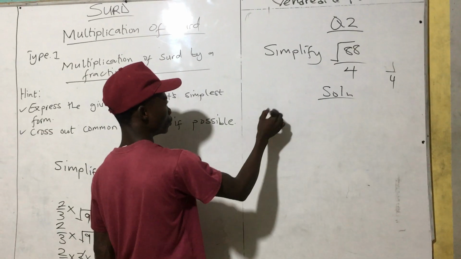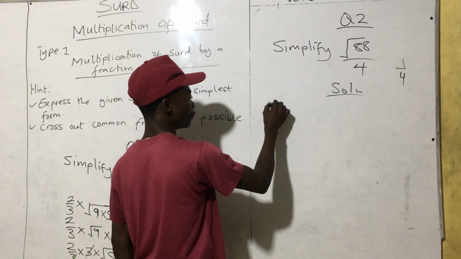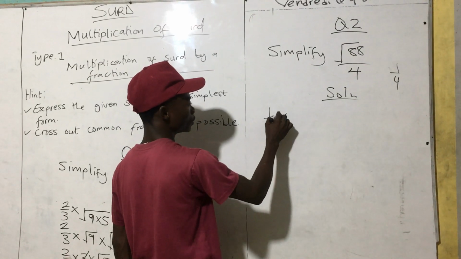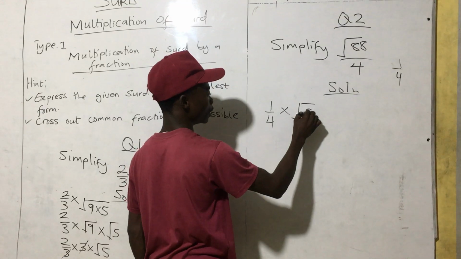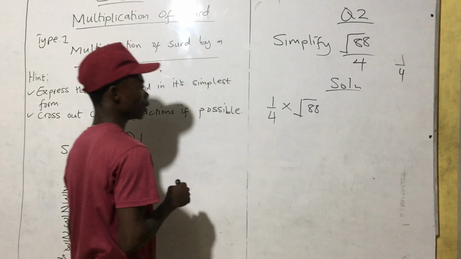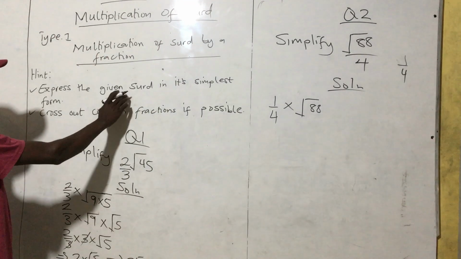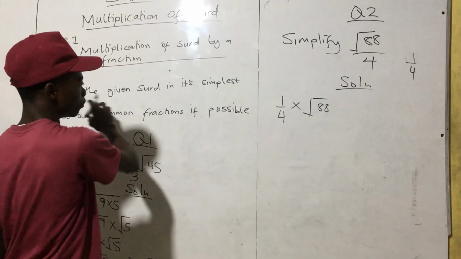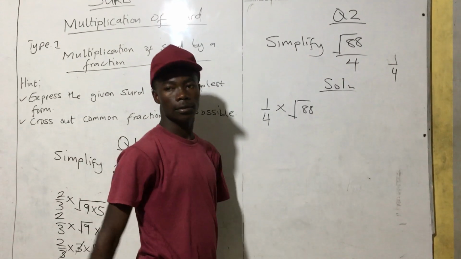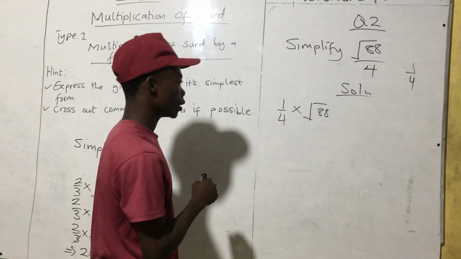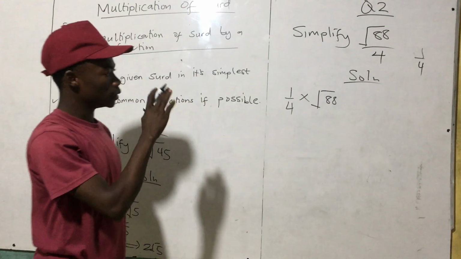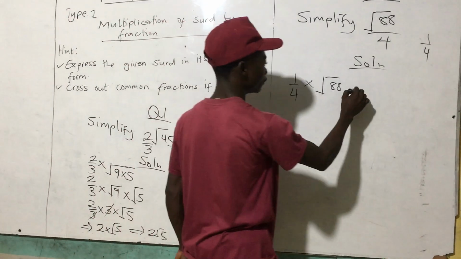Alright, so we have 1 over 4 times our root sign, that is 88. The hint says you should express the given surd in its simplest form. So it's 88. We need to express it in its simplest form before. Okay, so expressing root 88 in its simplest form, this is what we are going to have.